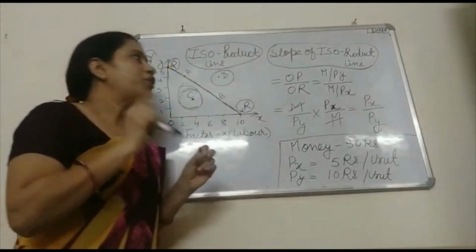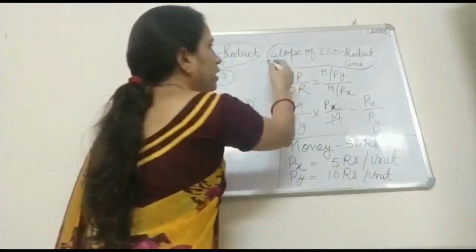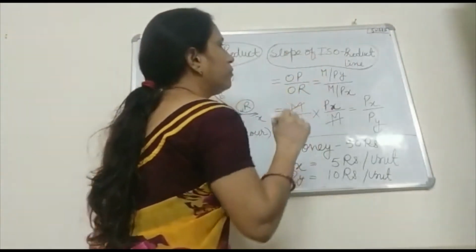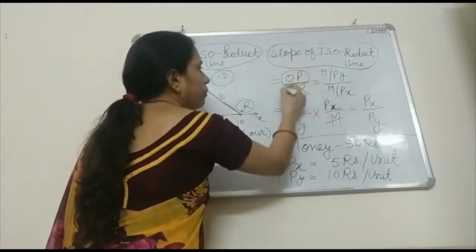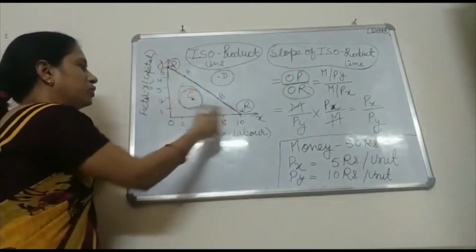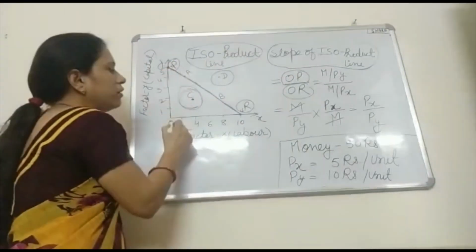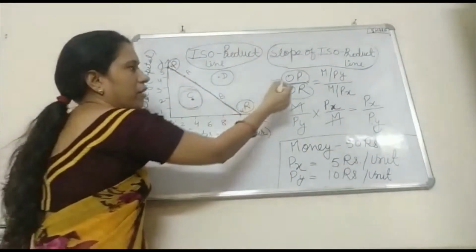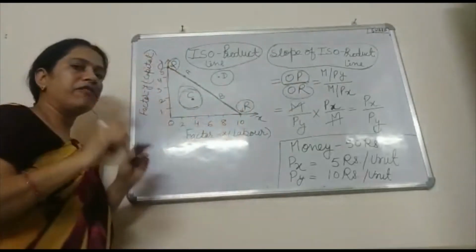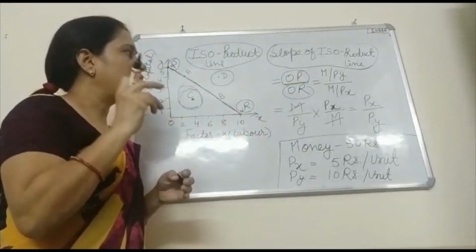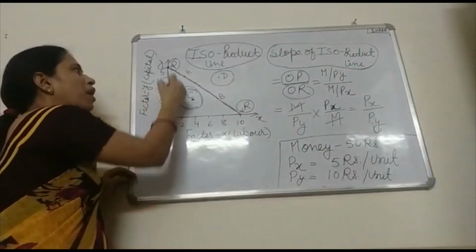Now we will talk about the slope of the isoproduct line. To get the slope of the isoproduct line, we have to measure the perpendicular and base. Here you can see the perpendicular is OP and the base is OR. We have written here OP upon OR. If we measure the amount of OP, we get M upon PY.